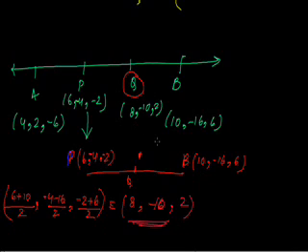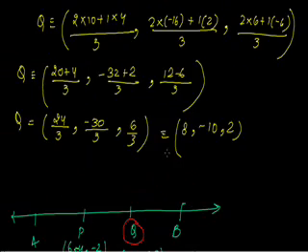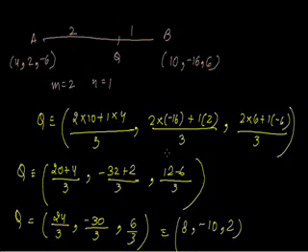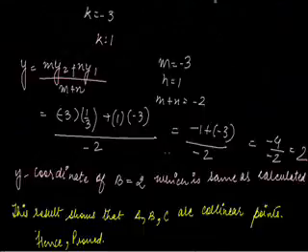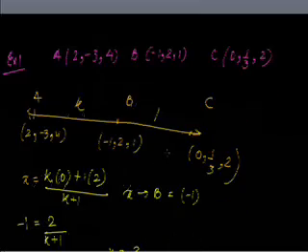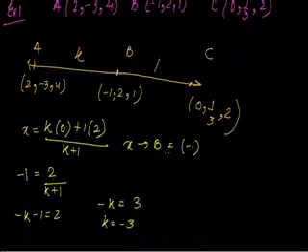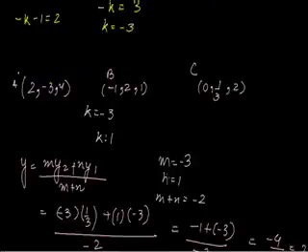This is how we calculated using the midpoint formula, and this is how we calculated taking the ratio as 2:1. So we have done two questions on the basis of this. One is proving whether the points A, B, C are collinear or not.